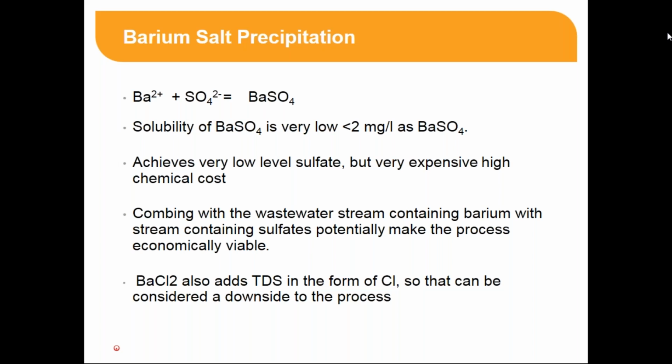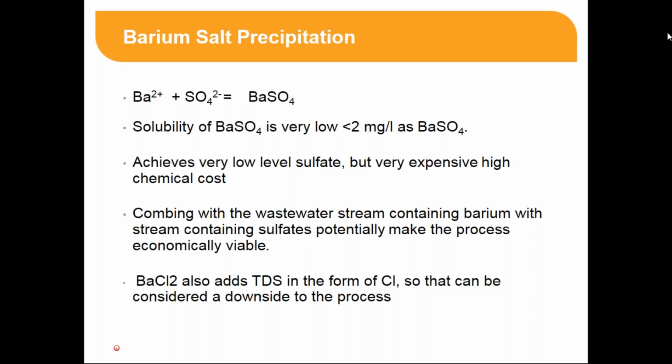So for example, if you have one stream that contains barium and another stream that contains sulfates, you can combine them and produce a barium sulfate sludge. That way it's going to be inexpensive. But adding an external source of barium, such as barium chloride, is an expensive chemical. And also, please note that you are removing sulfates and you are adding chlorides.